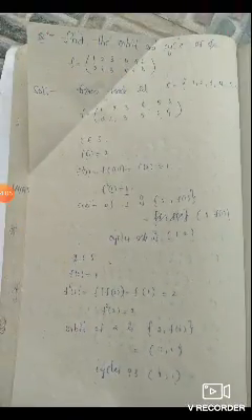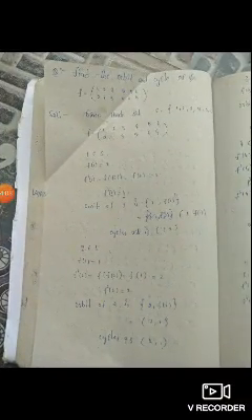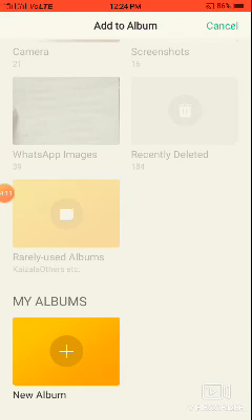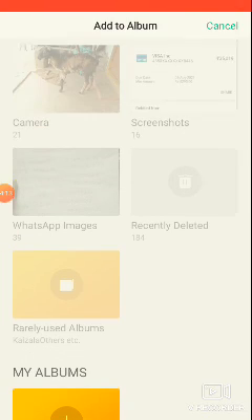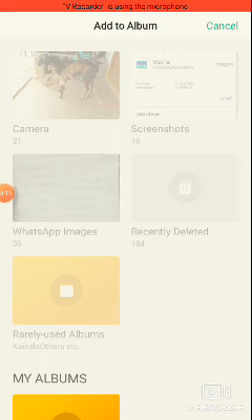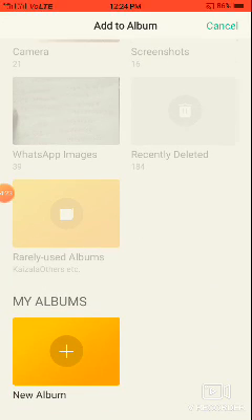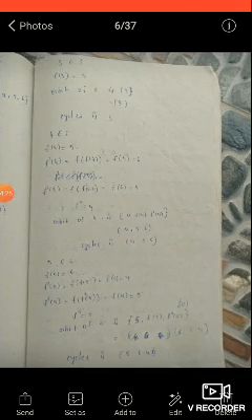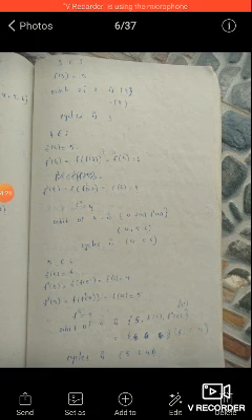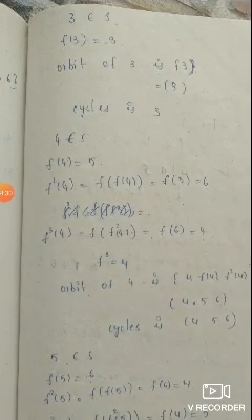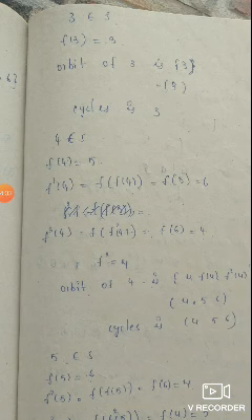Now we go to the second page. 3 belongs to S. f(3) is equal to 3.